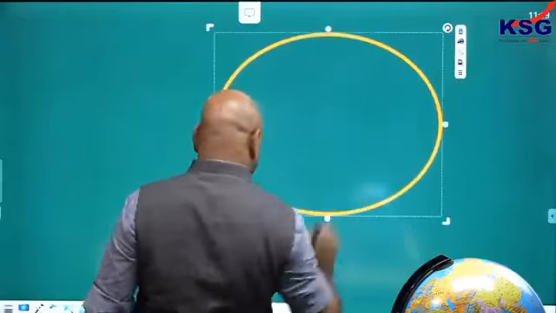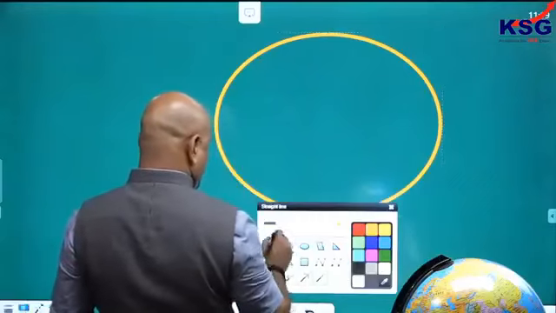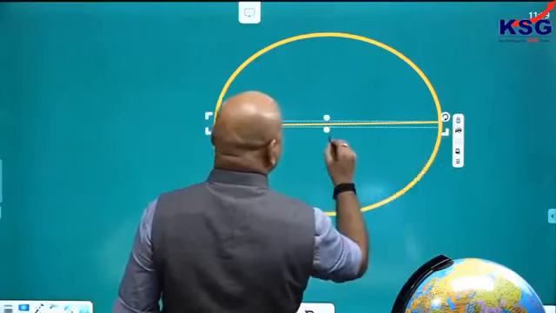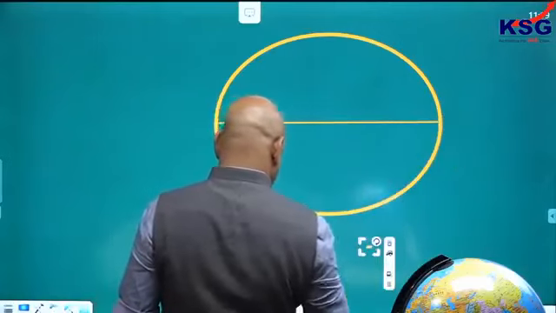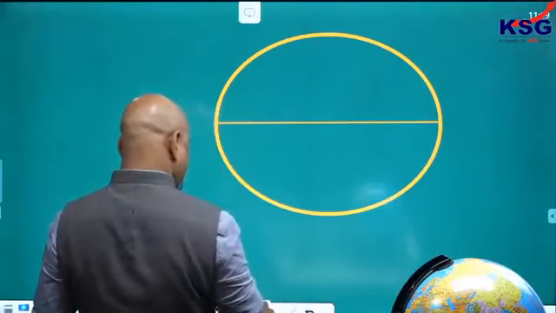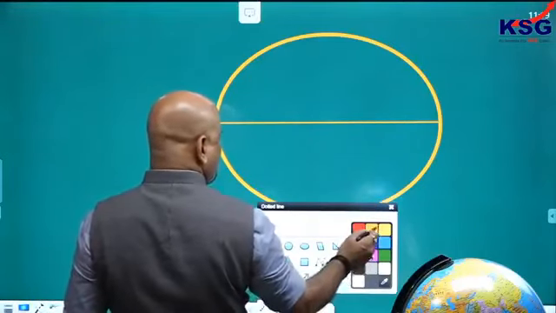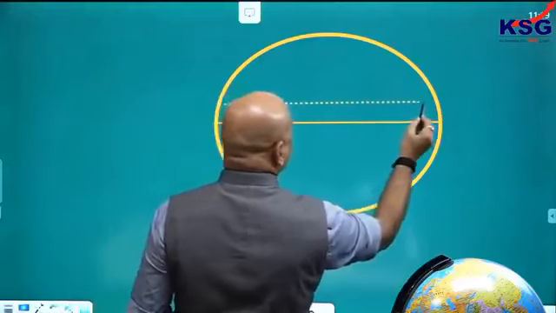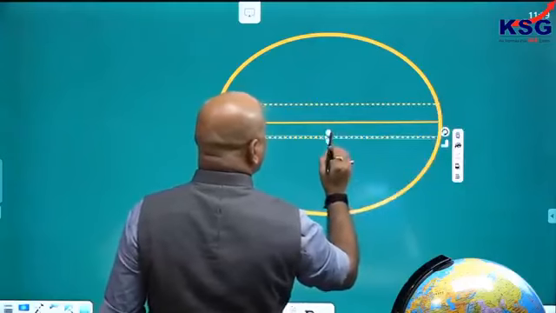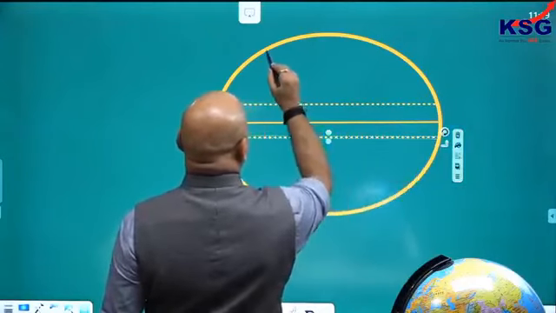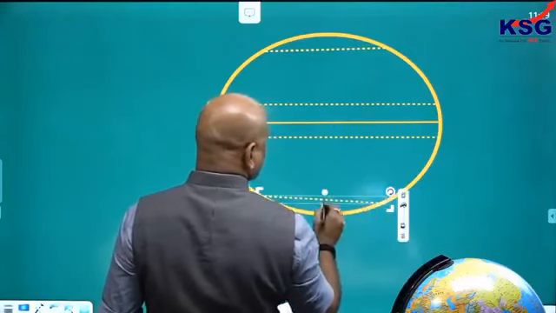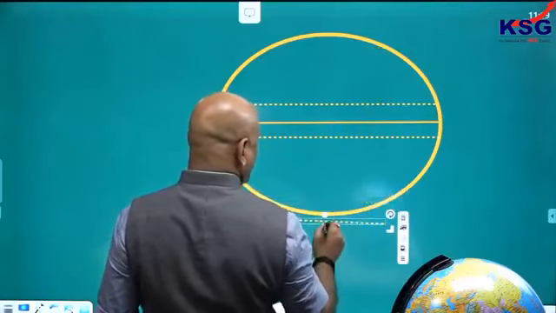If this is the earth, this is the equator. Here you have 23.5 degree north, here you have 23.5 degree south, here it is 66.5 degree north, here it is 66.5 degree south.